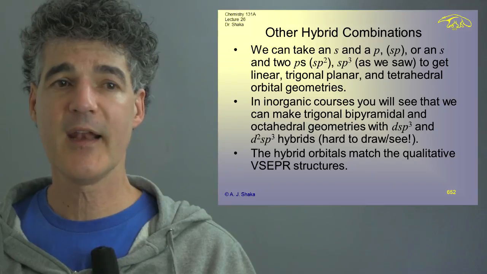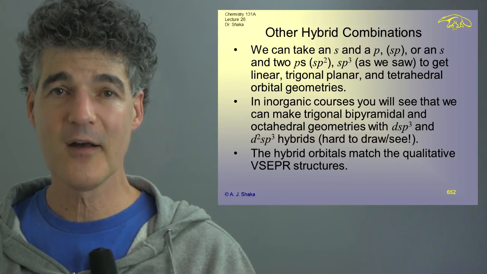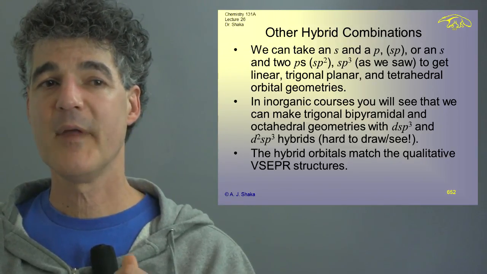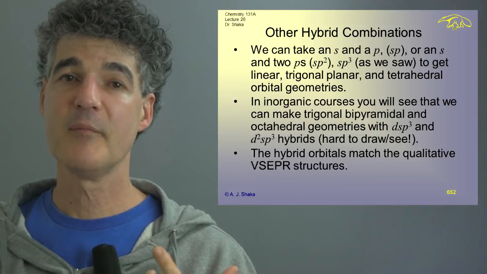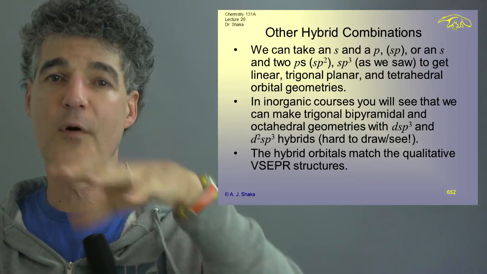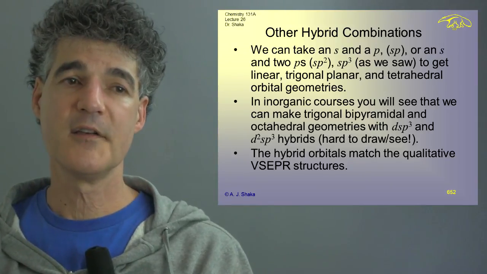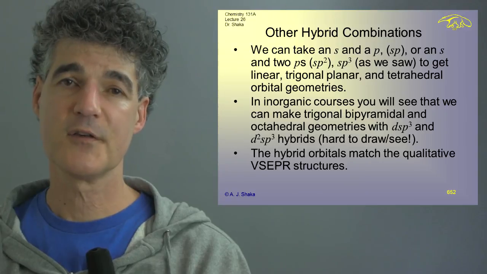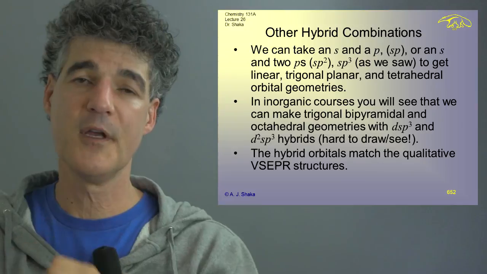They're very hard for me anyway to see and draw, but you can add a D to the sp3, and now you've got 5, and that can make a trigonal bipyramidal, something with a north and south pole and 3 sticking out in the equatorial plane. And you can take D2 sp3 hybrids, and you can make an octahedral structure that has 2 at the north and south pole, 2 here and 2 here.